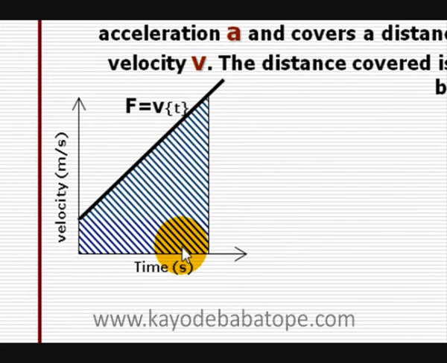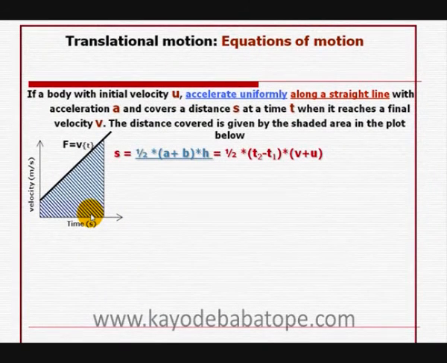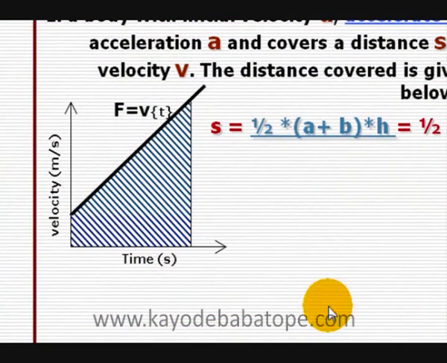Just to let you know that when you have a velocity time graph, the area under the graph is the distance covered during the journey. In this case, we will be dealing with a trapezium. So the distance covered is half (a plus b) times h, where h is t2 minus t1.